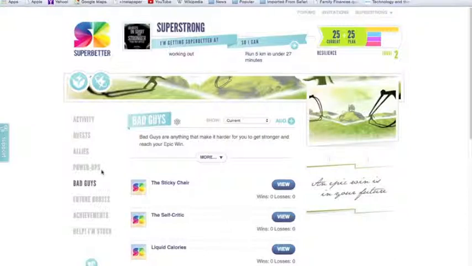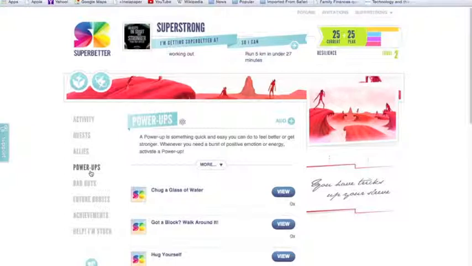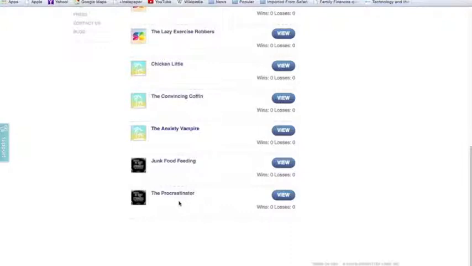So what you can even do is encourage and even build in time into your class time for students to check in on SuperBetter daily, for them to update their quests, maybe even identify a few power-ups that they're going to use that day, report back on how they've done with specific bad guys. Have they had junk food?